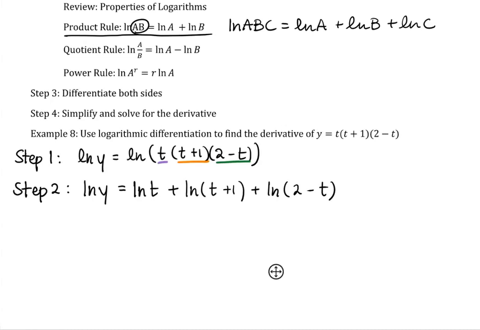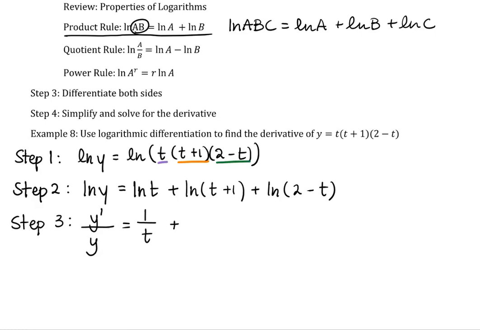Step 3 of the process to differentiate using logarithms is to take the derivative of both sides of the equation. So I'm going to go ahead and take the derivative of both sides. The derivative of natural log y is y prime over y. Remember, it is u prime over u. The derivative of natural log t is 1 over t.